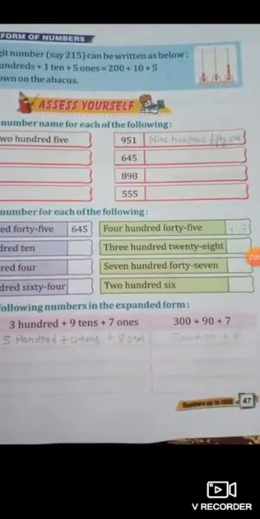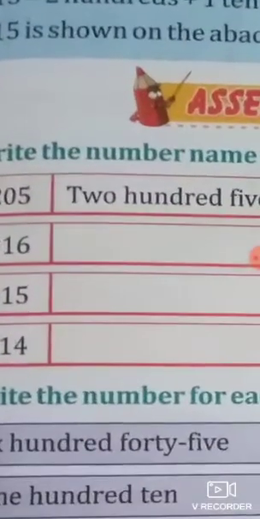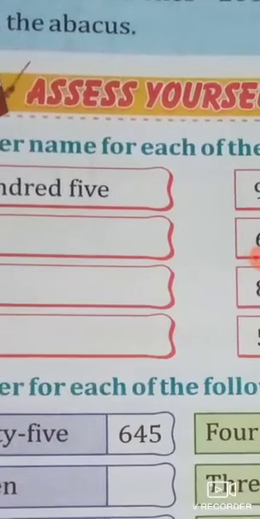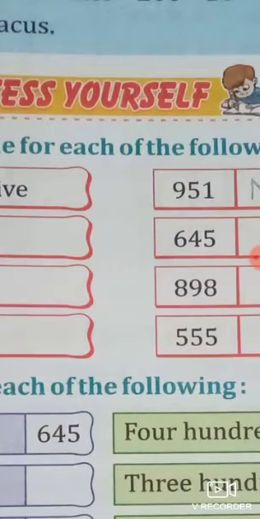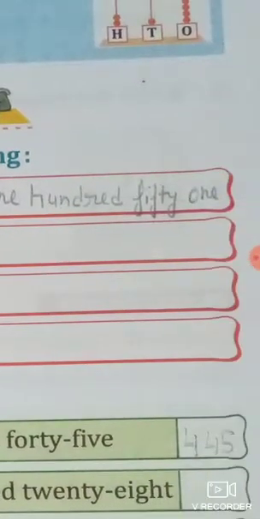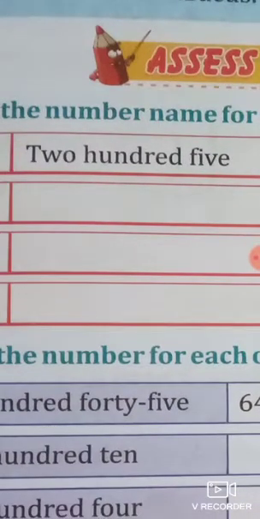Now we move on to the next page. This is page number 47. Assess yourself. Write the number names for each of the following. 205, we will write 205 as, and 951, we will write 951 as 951 in words.